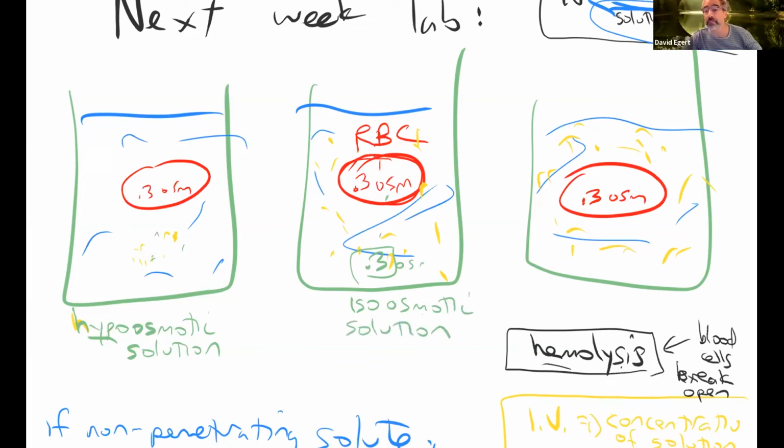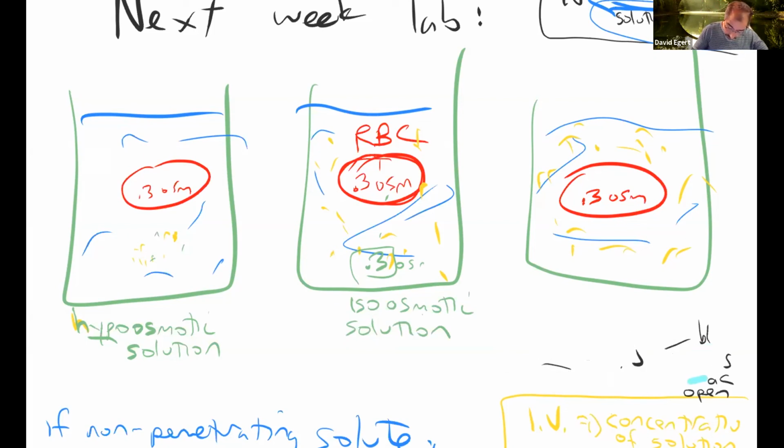Iso means the same. And finally, if I have more stuff dissolved out here, if this is greater than 0.3, this would be a hyperosmotic solution.